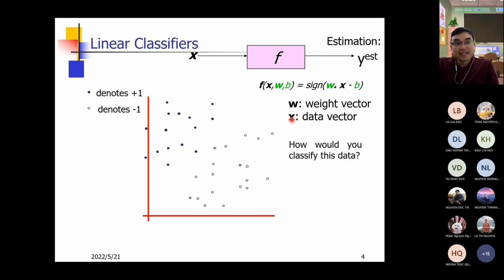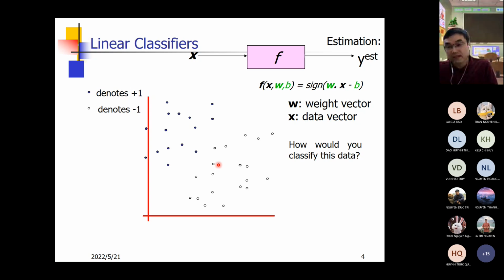Where this X vector is where we extract the original data into some kind of feature vector, and then we can project this feature vector with its class in two dimensions like this one, right?